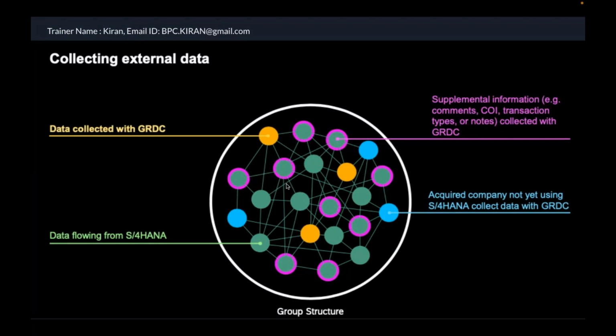So I have a group structure. I have multiple consolidation groups, and in those multiple consolidation groups I have multiple consolidation units or multiple entities. Some of the entities can get data from S/4HANA, from the universal journal. For some of the entities, like an acquired company not using S/4HANA, I collect data with GRDC.